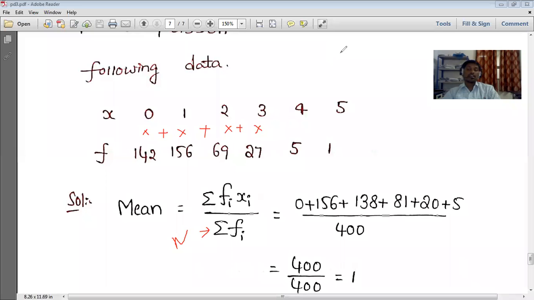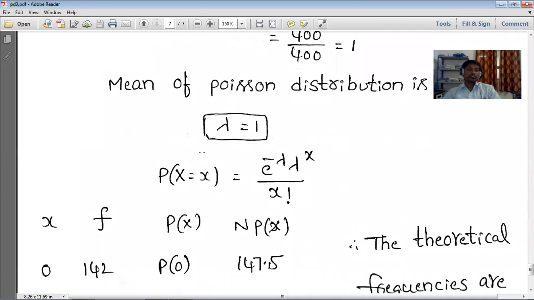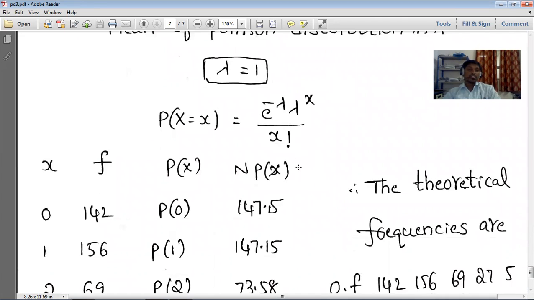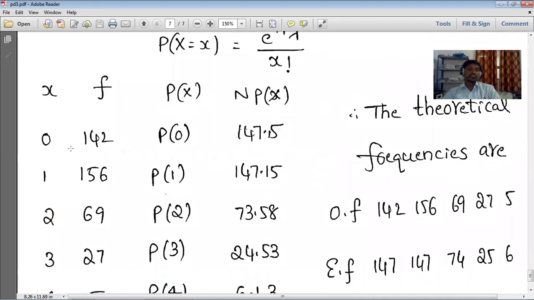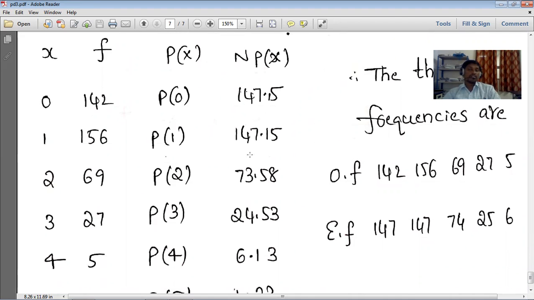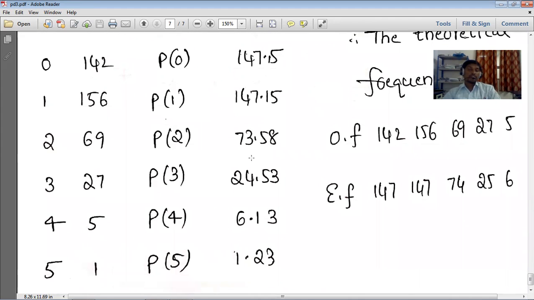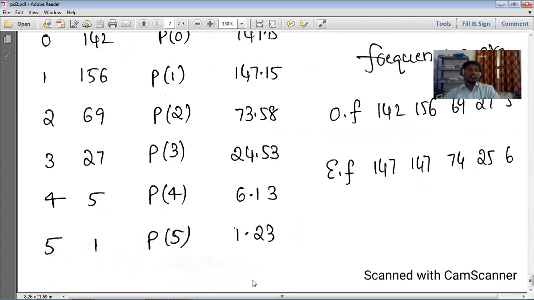Now we have to calculate first P of 0 and next P of x. First we calculate e power minus lambda, lambda power x by x factorial, and next we calculate the same as the previous one. That's why we wrote it directly here: 147.15, 73.58, 24.53, 6.13, 1.23.